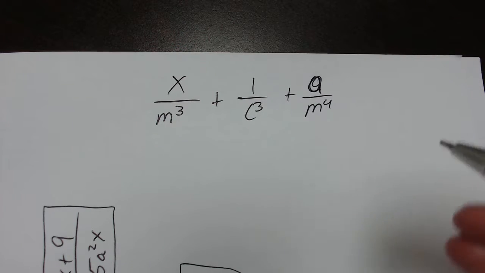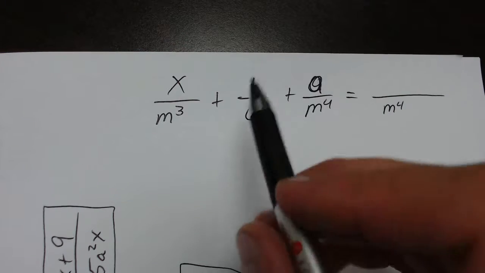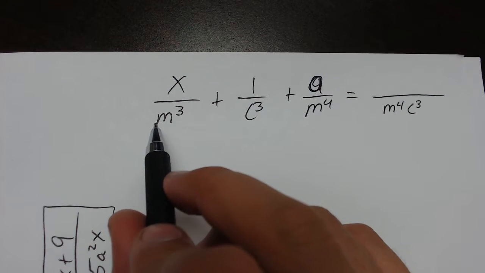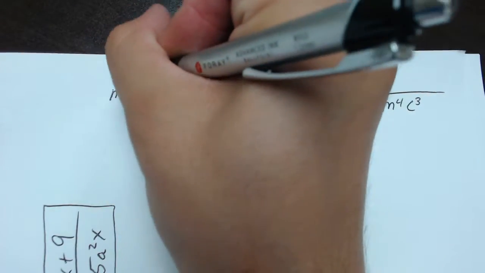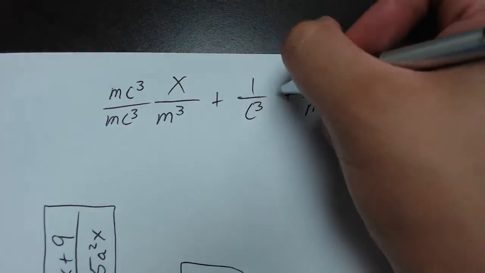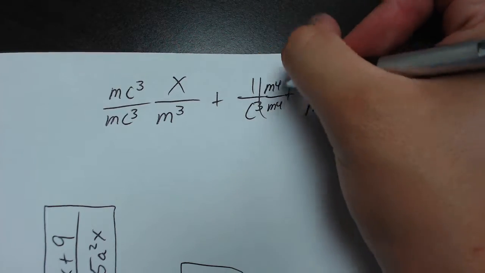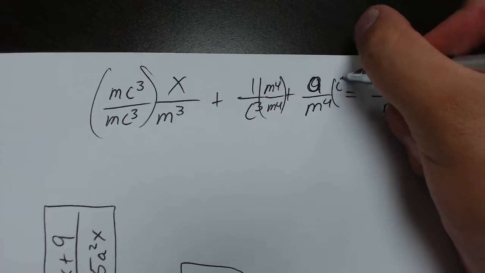So the highest m is going to be m to the 4th. So our answer is going to have a denominator of m to the power of 4, and it's also going to have c cubed. Now, what is this first term missing to get m to the 4th c cubed? Well, it's missing m c cubed. c cubed is missing m to the 4th. And m to the power of 4 is missing c cubed.